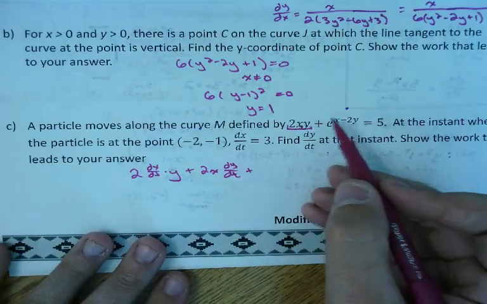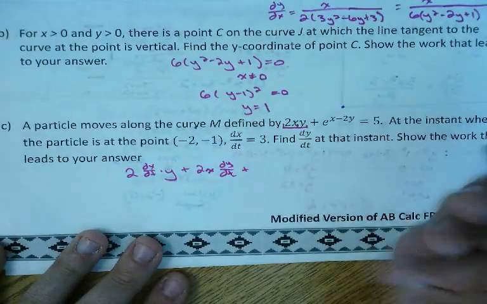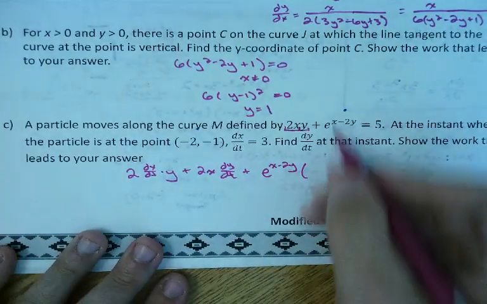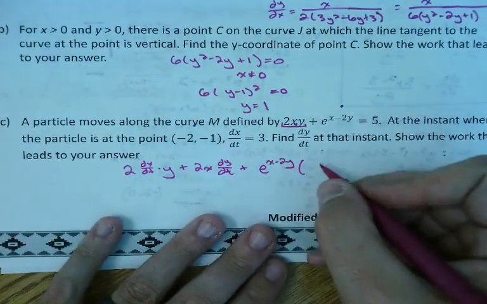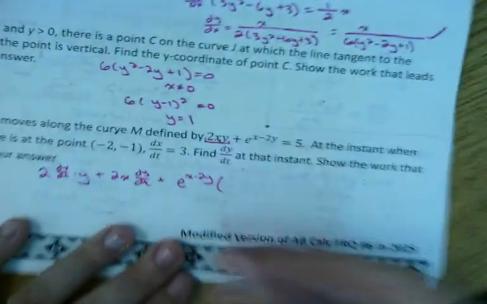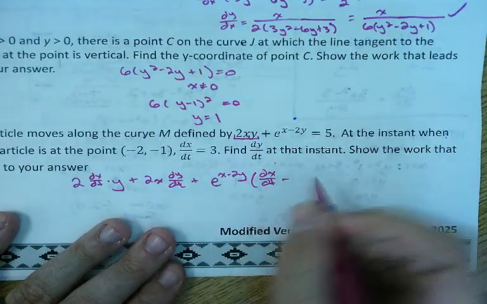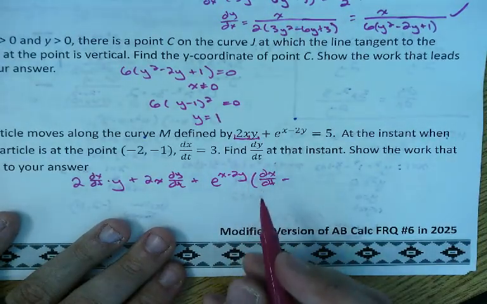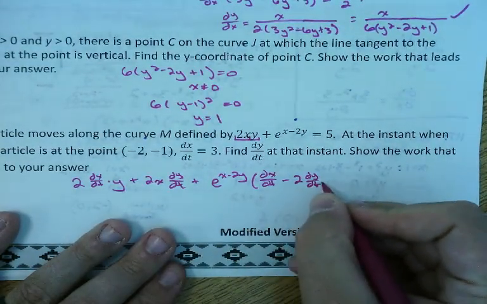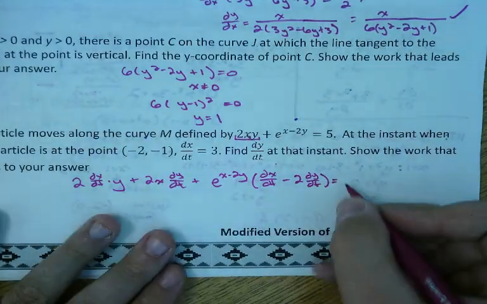Plus, what rule is going on in here? Chain rule. So it's e to the x minus 2y, the derivative of the outside is just e to the x minus 2y, times the derivative of the inside. What's the derivative of x? I agree it's 1, but we have to tag it because we're doing it with respect to t, so it's dx over dt, minus, what's the derivative of 2y? 2 dy over dt, equals 0.